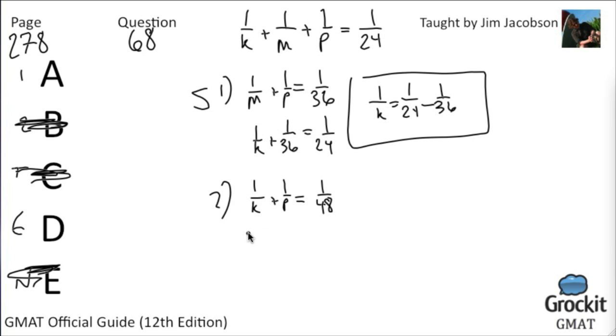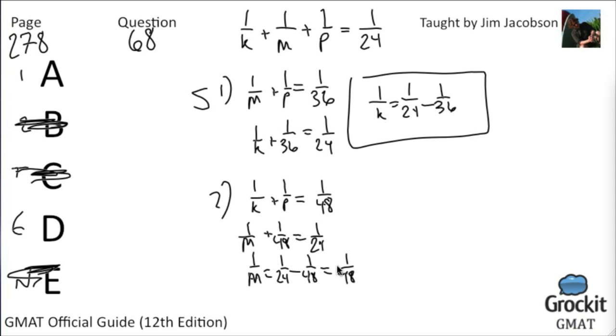Which would allow us to solve for 1 over M. We get 1 over M plus 1 over 48 equals 1 over 24. So 1 over M equals 1/24th minus 1/48th, which will actually be 1/48th, because 1/24th is 2/48ths.